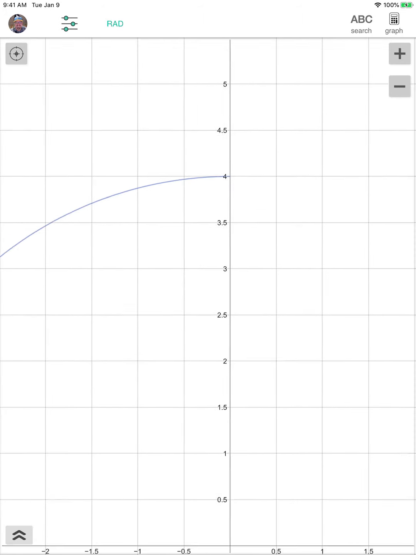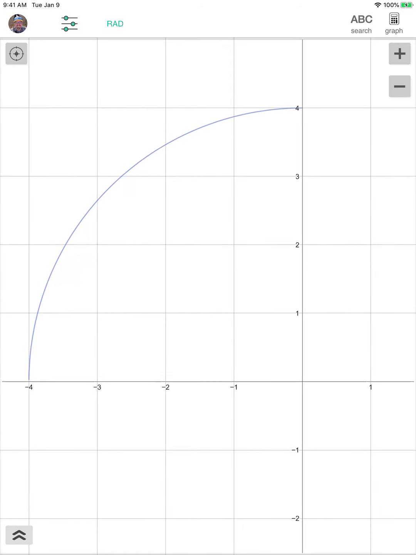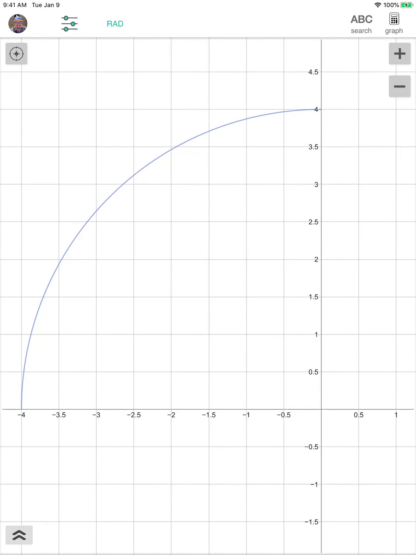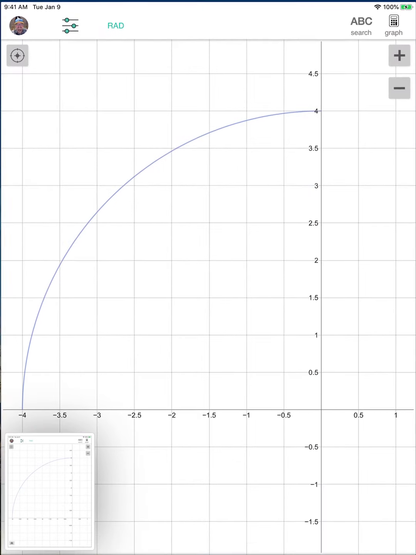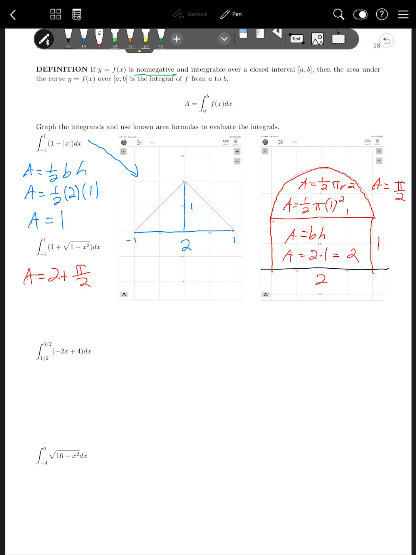Okay, and we can zoom out on that a little bit. And so here's that graph. Okay, so let's go ahead and insert those into my notes, and then we'll find their areas.